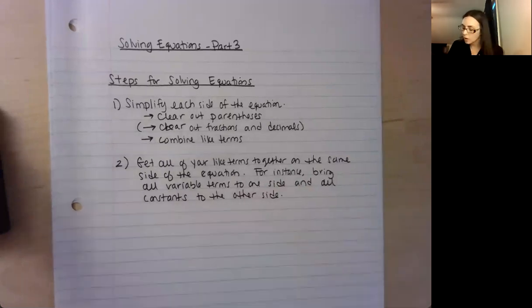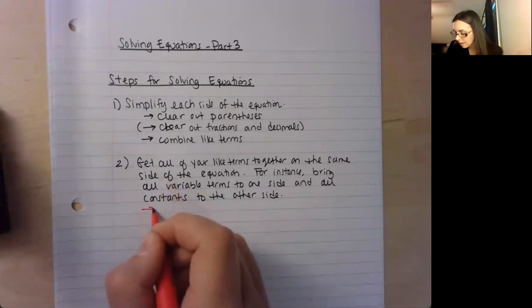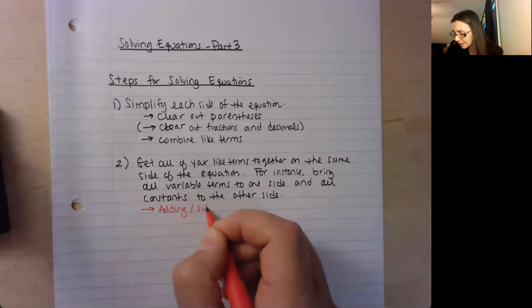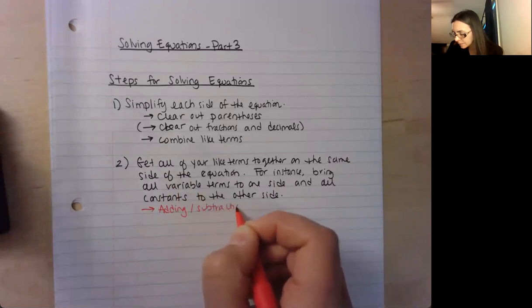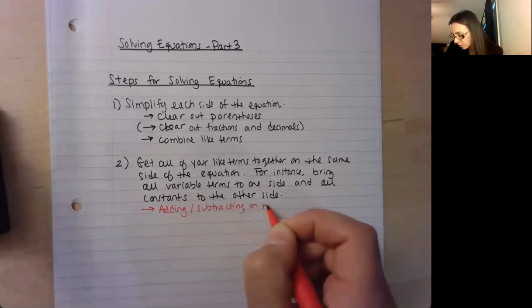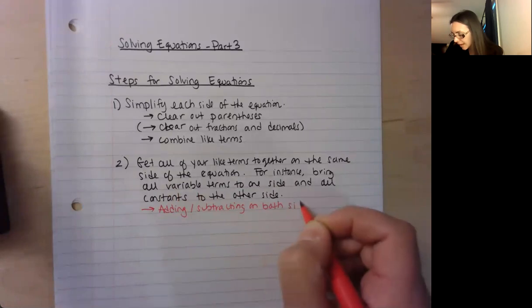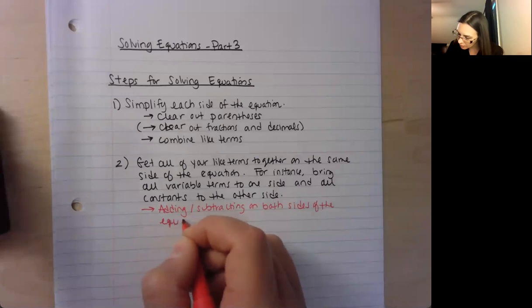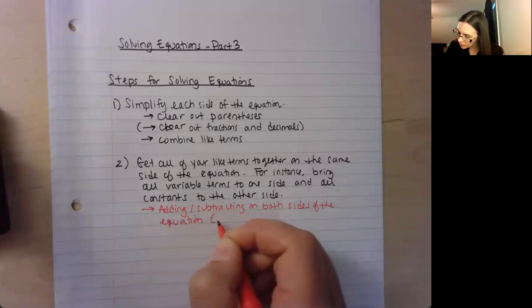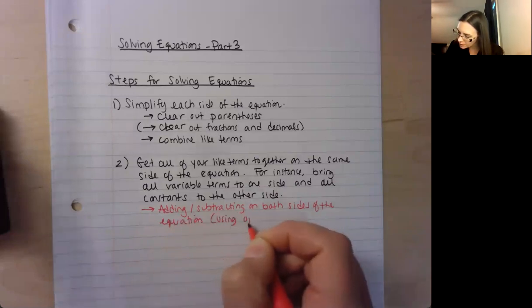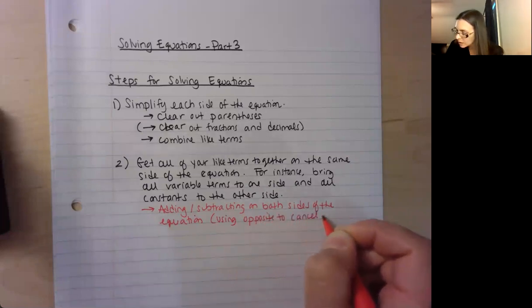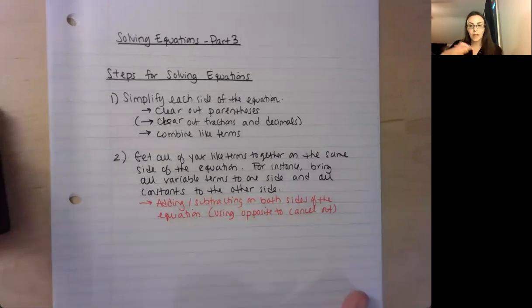Now, this is when you're going to be adding or subtracting on both sides of the equation, and you're going to be using the opposites to cancel out. So this is when we're going to try to move things from one side to the other.